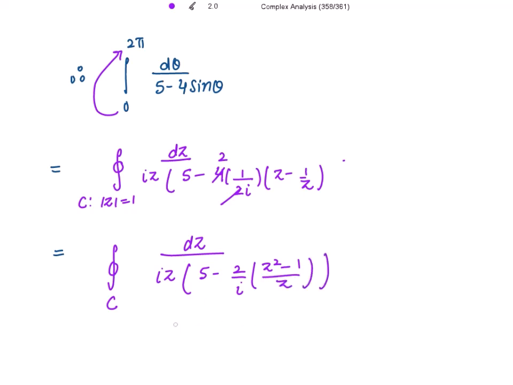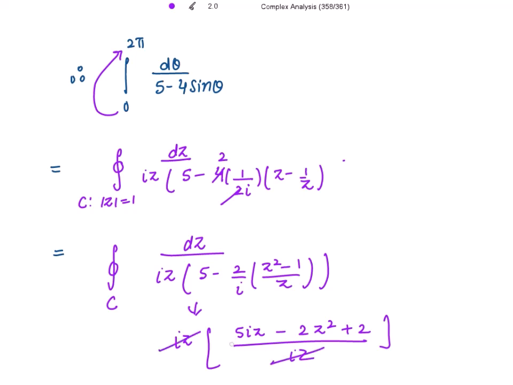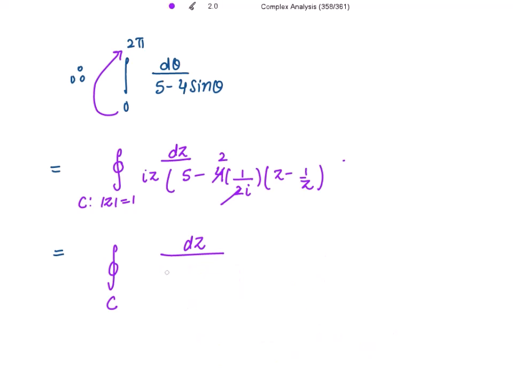Further we can solve this as iota z into 5 iota z minus 2z square plus 2 divided by iota z, which is cancelled out with each other. So we are having only this in the denominator. So we write here minus 2z square, I am writing this term first, plus 5 iota z plus 2.